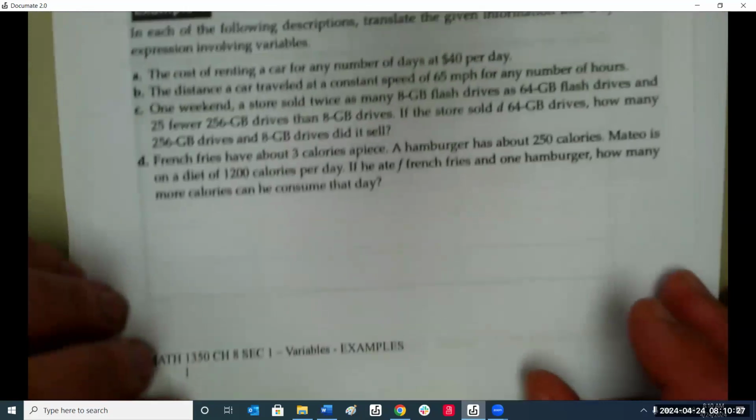And I do apologize for not having the example sheets for you this morning. So I'll write these. I'll get to these next time. So example one says, in each of the following descriptions, translate the given information into a symbolic expression involving variables. Here they are.